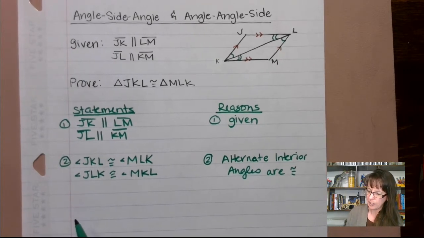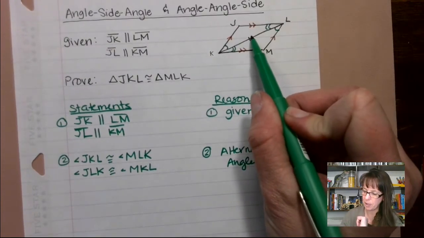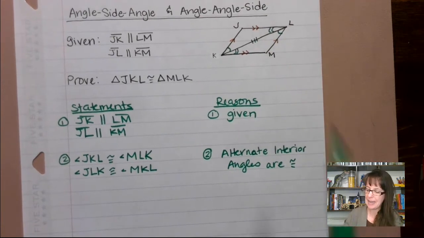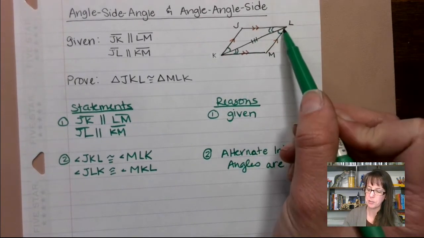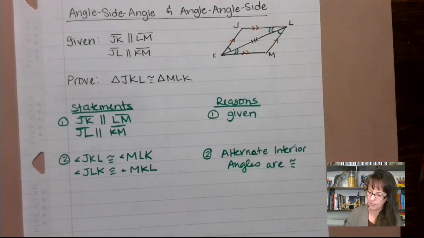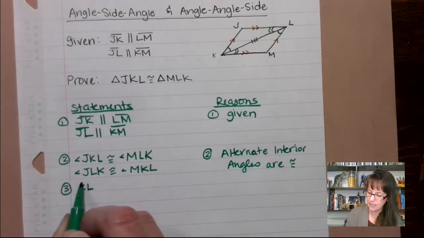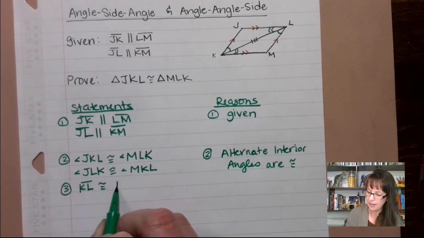So number three, so that's a part of our obvious but not givens, right? We also have another obvious but not given here, and that is our reflexive property. If I were to separate these two triangles out, KL would be congruent to LK. So for number three, we've got KL is congruent to LK.